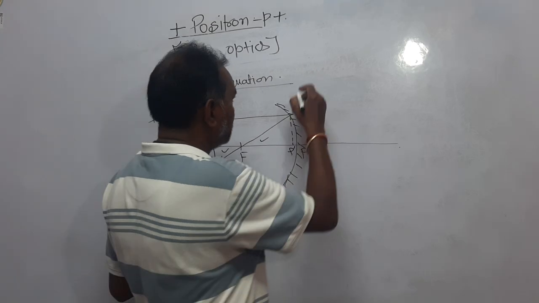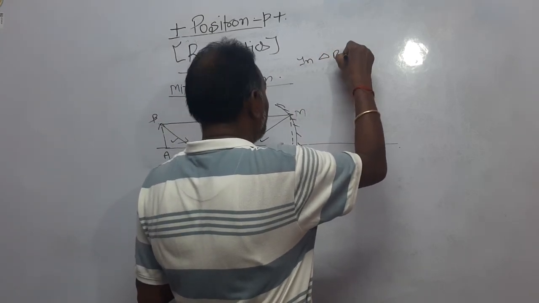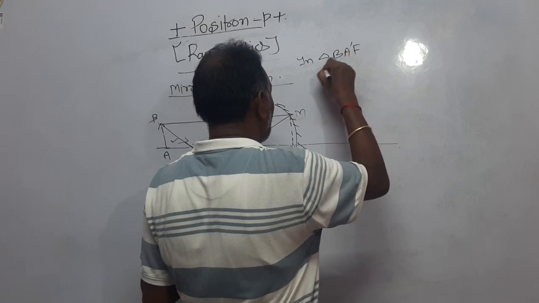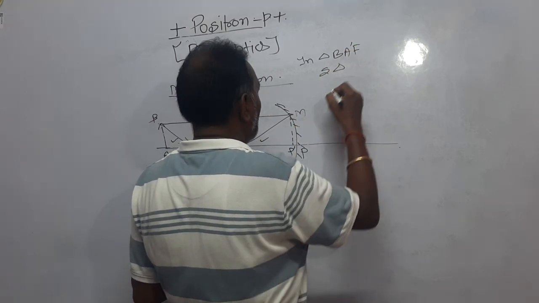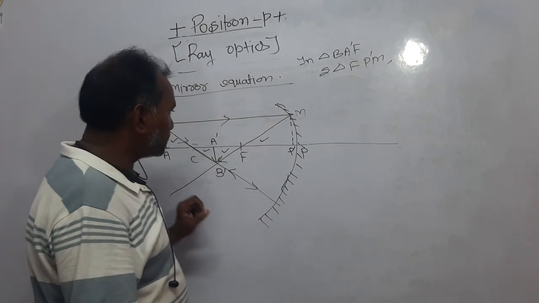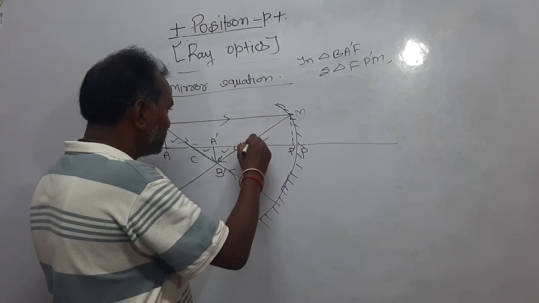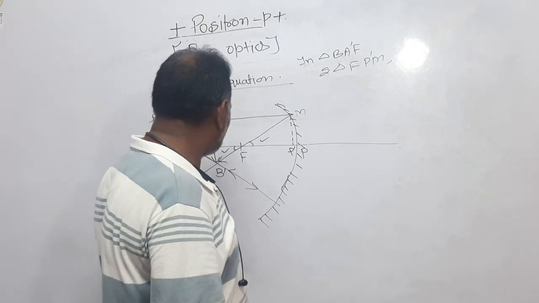So, in triangle B A dash F and triangle F P dash M, let's talk. This angle is an opposite angle. These two angles are opposite angles, so equal.